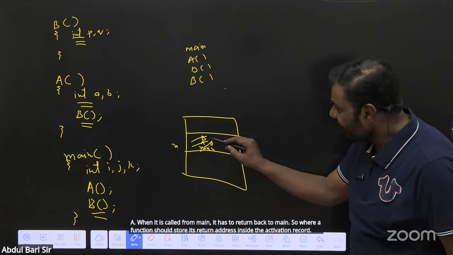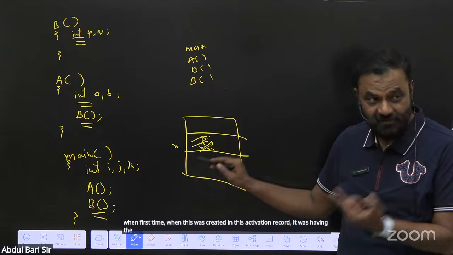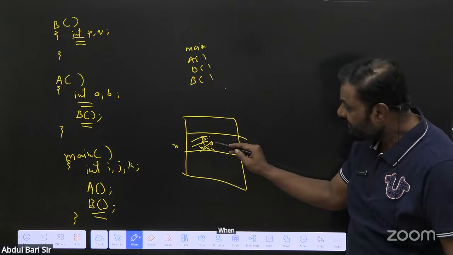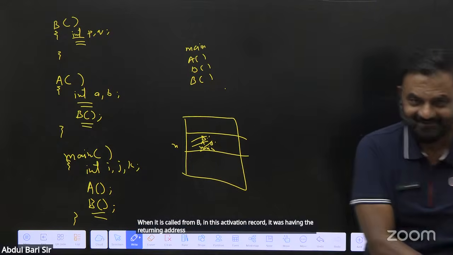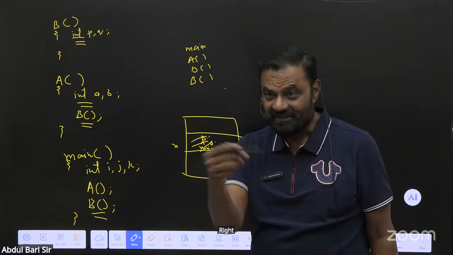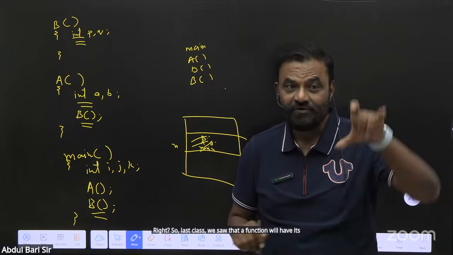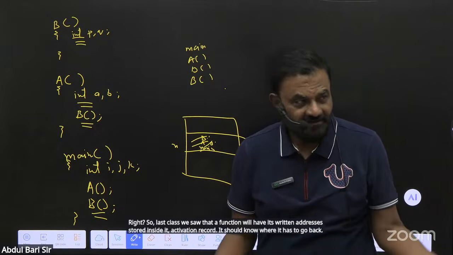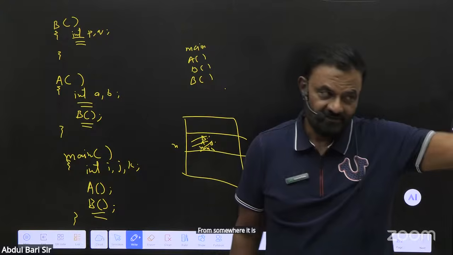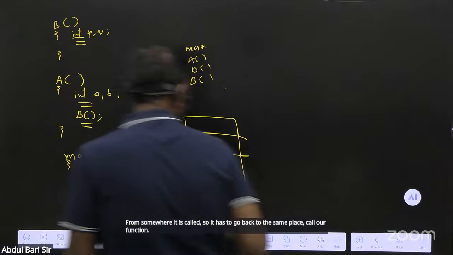When this was created the first time, the activation record had the return address of A. When it is called from main, the activation record has the return address of main. Right? So last class we saw that a function will have its return address stored inside its activation record. It should know where it has to go back. From somewhere it is called, so it has to go back to the same place, the calling function. So this is over.